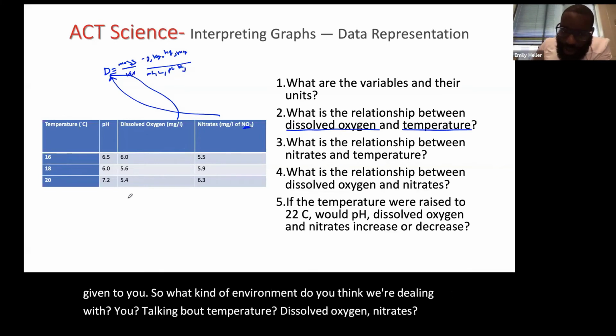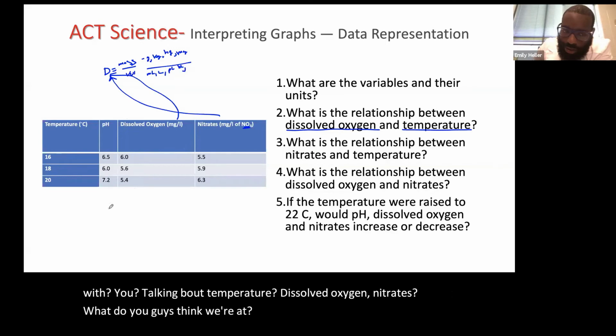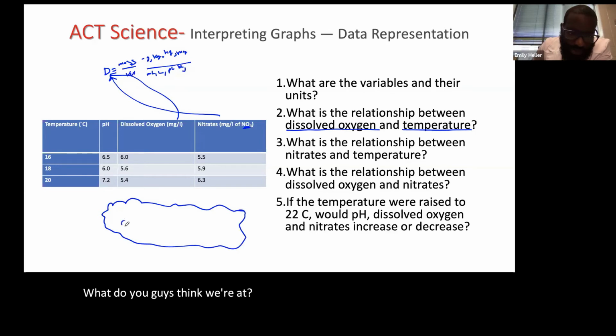Where do you guys think we're at? In the water somewhere.